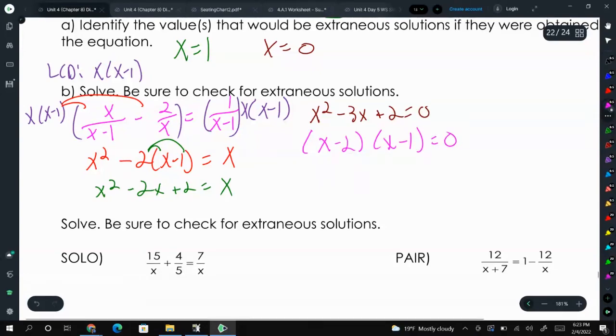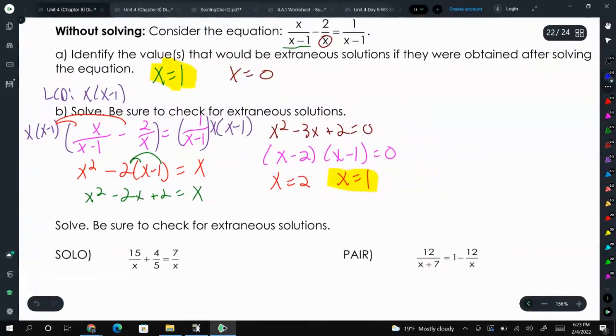So my solutions are x equals 2 and x equals 1. But we know from up here that 1 cannot work. So we don't even need to try that and check that.